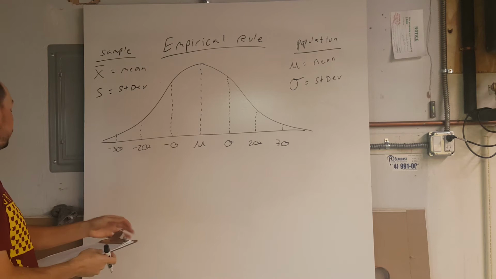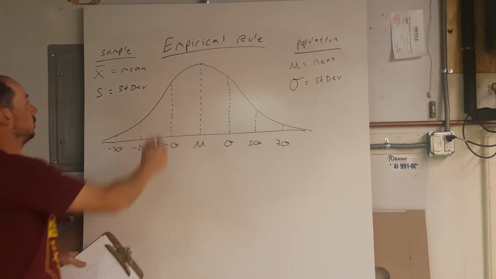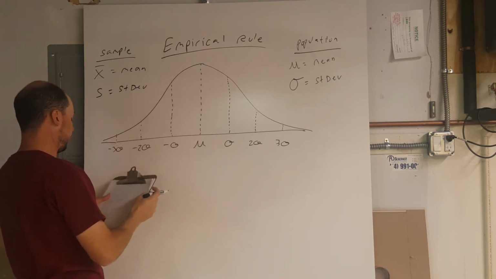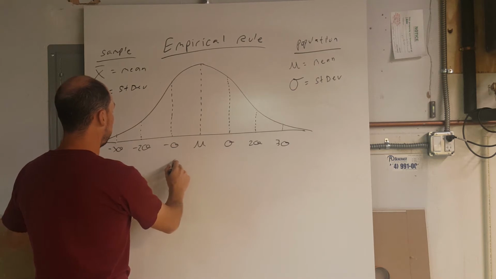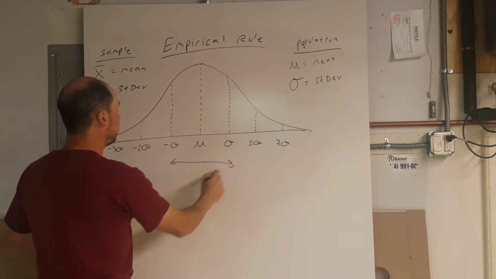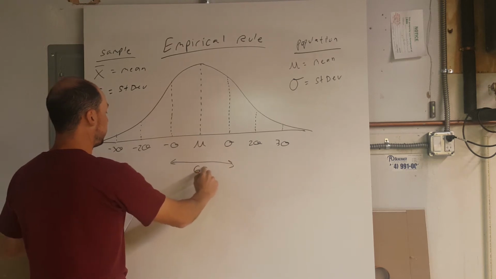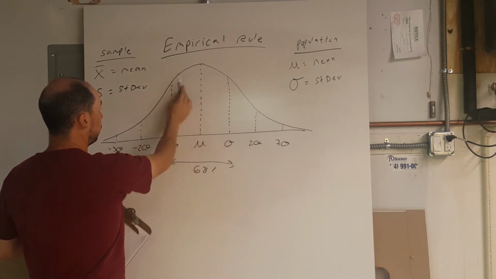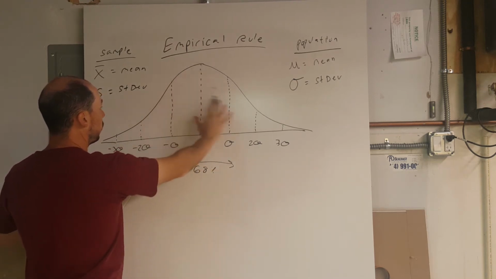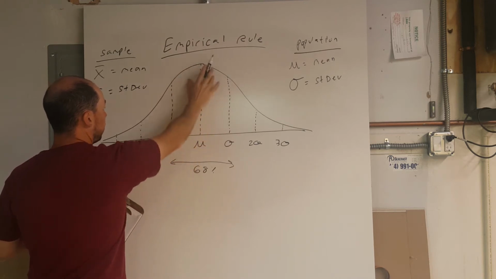Your empirical rule follows this. Within 1 standard deviation from the mean, 1 standard deviation below and above, 68% of the data is there. So if you have this whole curve, 68% is right here.